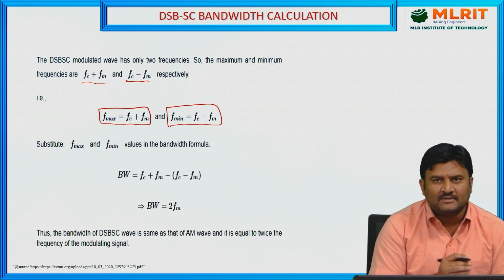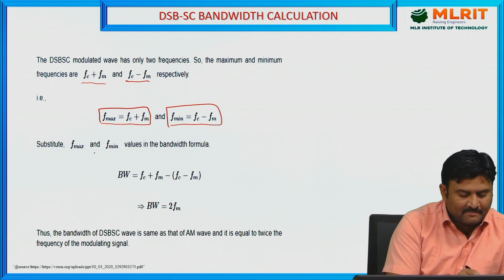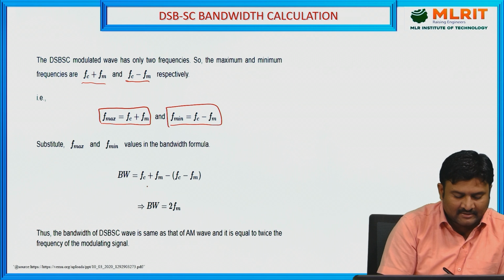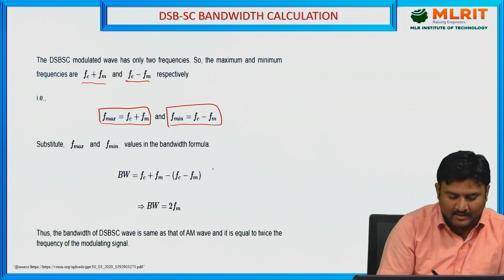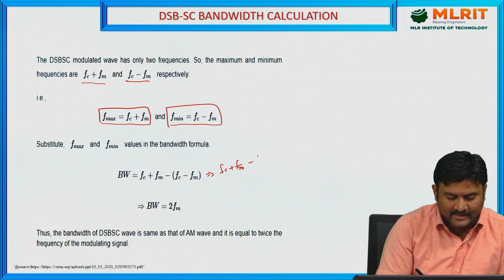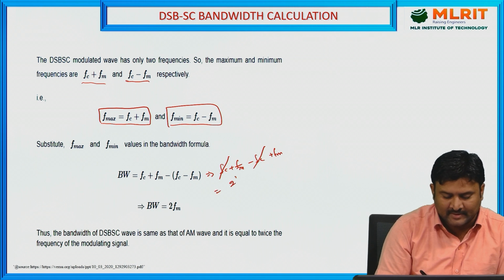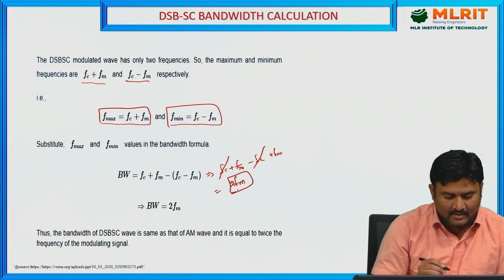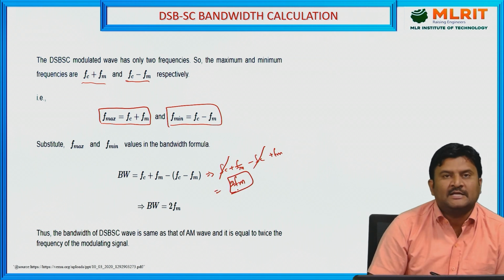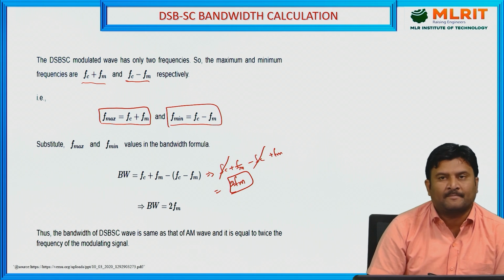Taking the difference, f maximum minus f minimum is fc plus fm minus fc plus fm. The fc and minus fc get cancelled, so it is equal to 2fm. That means the bandwidth of the DSB-SC is equal to 2fm.